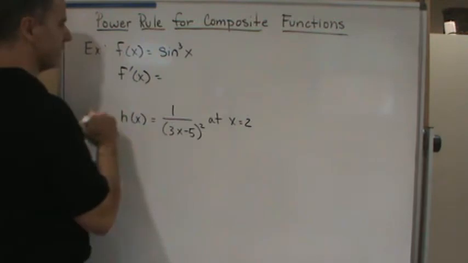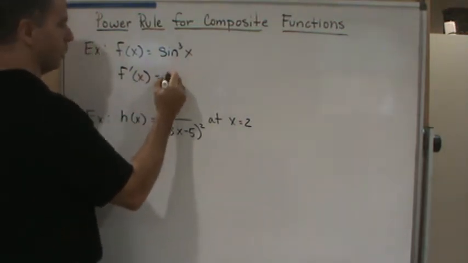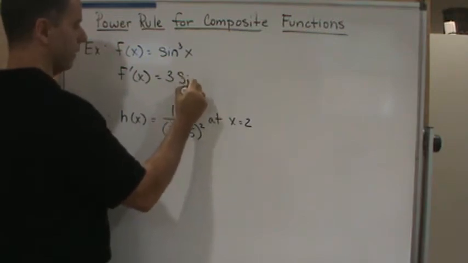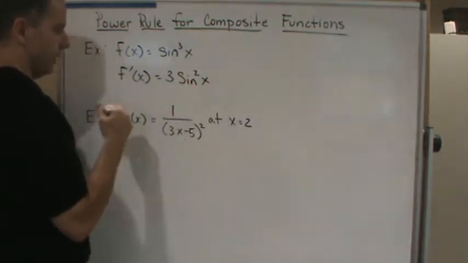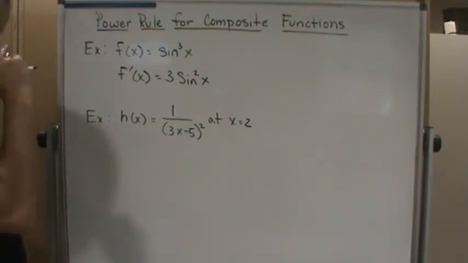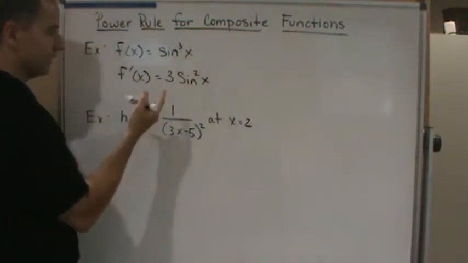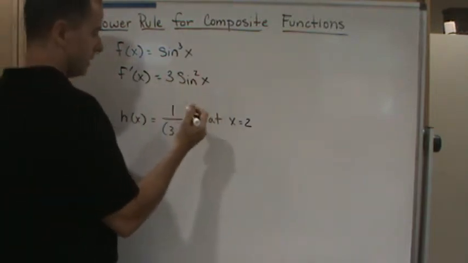So f prime of x: the outside function is a power function, so we're going to drop the 3 down, and then rewrite this as sine squared x, because we reduced the power by 1 and left the inside function the same.